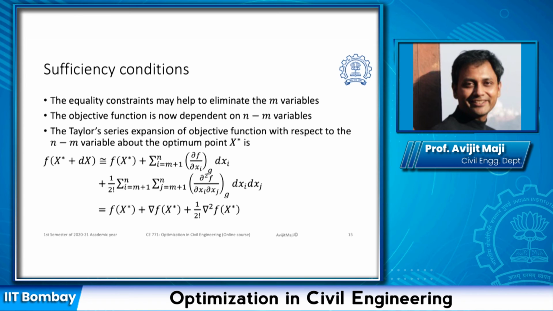So now let's look into the objective function. If we want to do the Taylor series expansion of the objective function above the optimum point which we obtained at x star, then we can write the objective function as a function of x star plus dx, which is equivalent to the function of x star, and we have only m plus 1 to n variables, so this is going to be our first order derivative and this is going to be the second order derivative.